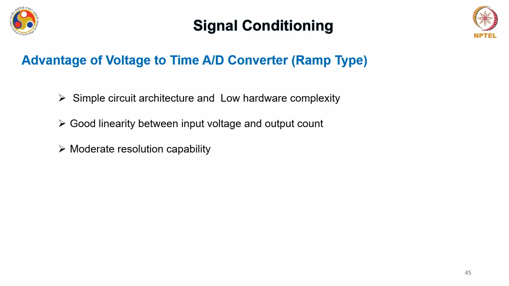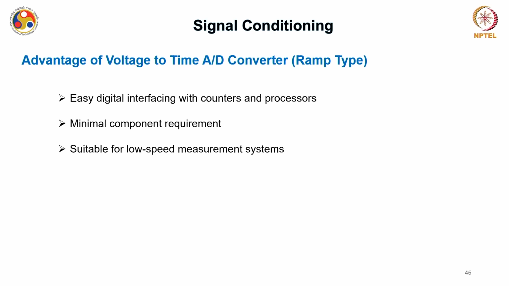Now these voltage to time AD converters, or ramp type AD converters, have several advantages. They have a simple circuit architecture and low hardware complexity. You have only two comparators and a ramp generator, and of course a counter and other things to get digital output, but the complexity is still very low. They have good linearity between input voltage and output count, and a moderate resolution capability.